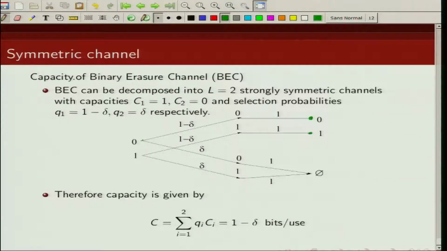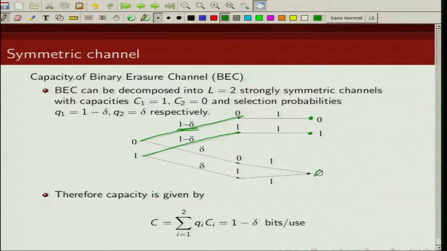Similarly, you reach 1 from 1 with probability 1 minus delta, and from 1 you cannot reach 0 and from 0 you cannot reach 1. So, they have the same focusing and that is given by 1 minus delta. So, the selection probability in this case is 1 minus delta.